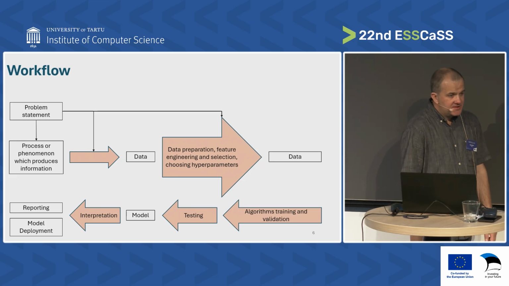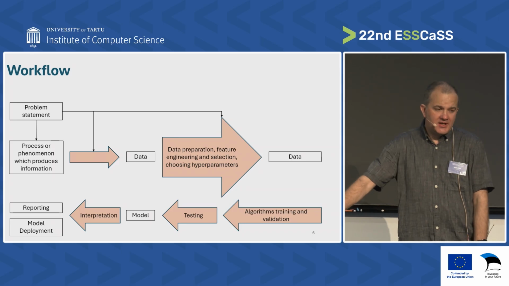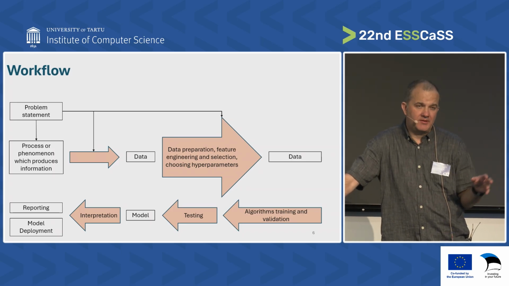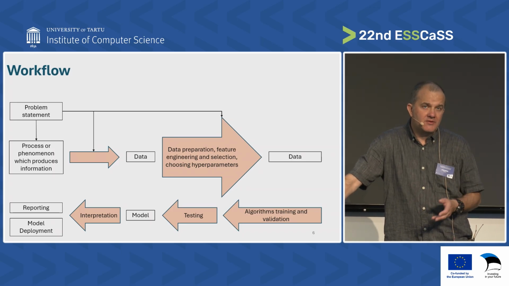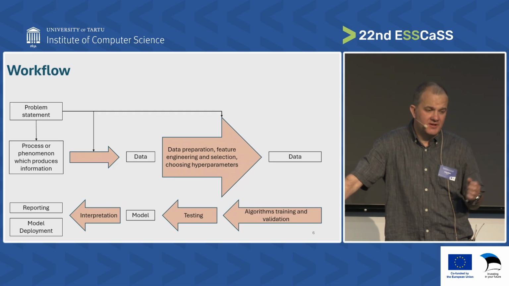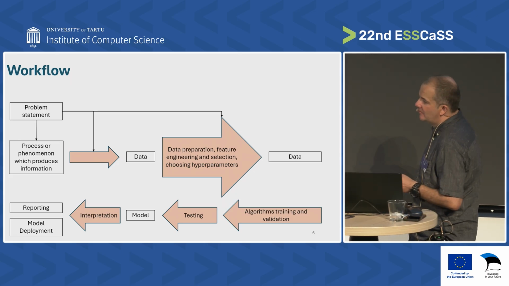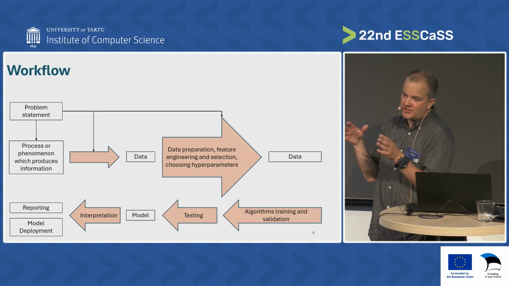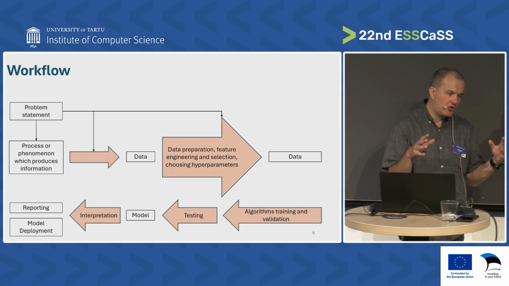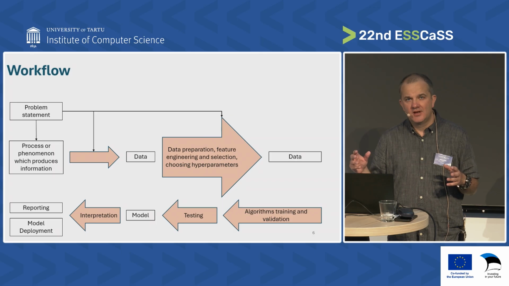So why I think that this workflow is very important is because in many cases, even when all the prerequisites, the problem statement, having the process, securing the data, permissions and everything, are satisfied, companies or researchers fail to position this workflow properly in their research and activities.